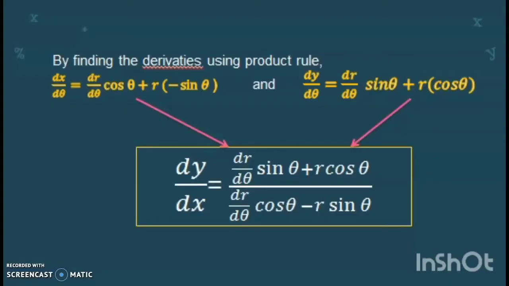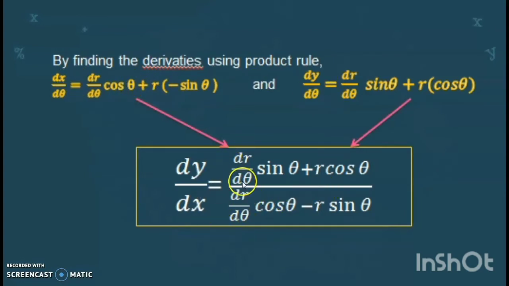By finding the derivative using the product rule, dx over d theta equals dr over d theta cos theta plus r open bracket negative sin theta close bracket, and dy over d theta equals dr over d theta sin theta plus r open bracket cos theta close bracket. So we use this formula for our derivative of x and derivative of y.